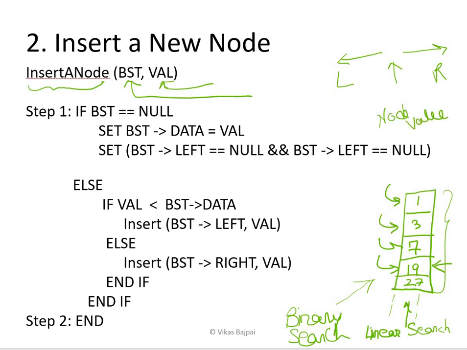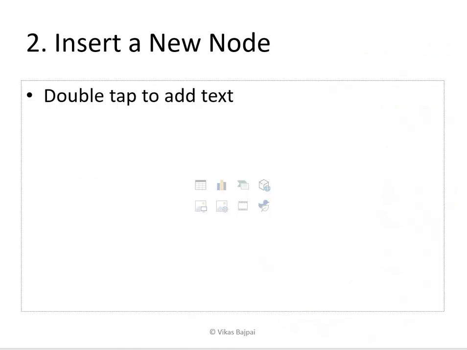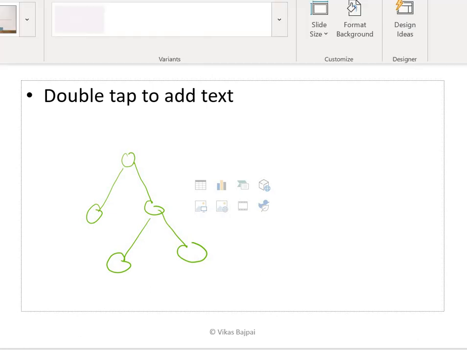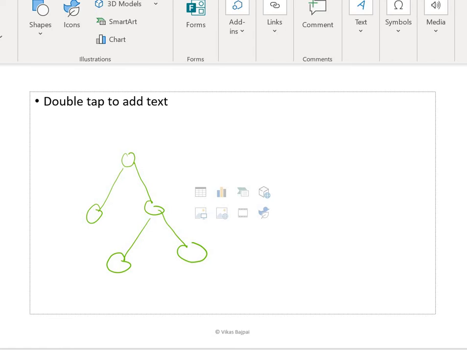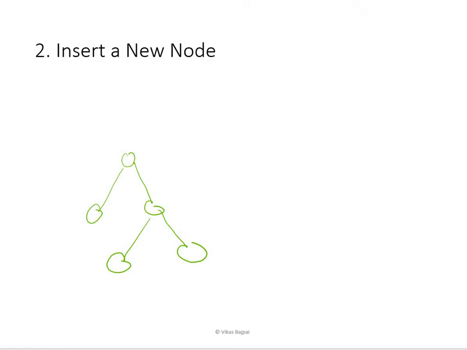So let's say I have a simple tree like this, and based on these data values, I'll take a call on whether to move towards the left subtree or the right subtree.